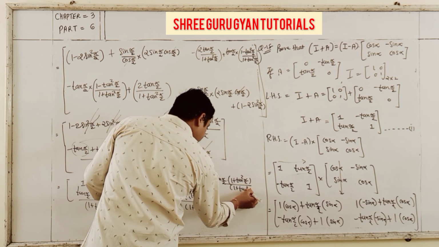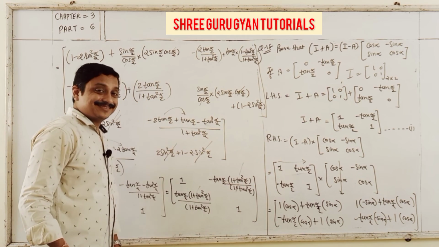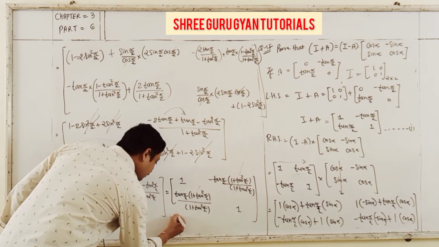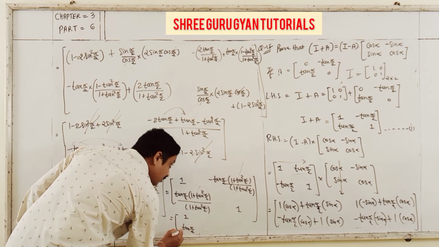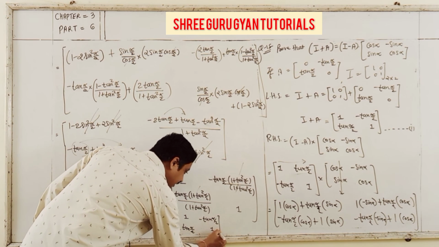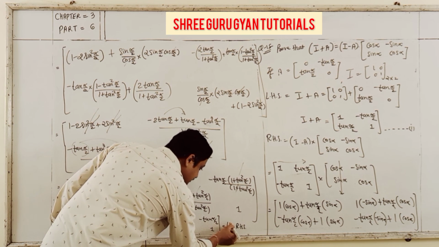Similarly, here only 1. That also is done and cancelled there. So what is the remaining, students? My remaining data is 1, tan alpha by 2, minus tan alpha by 2, 1, and that is your RHS, equal to LHS.